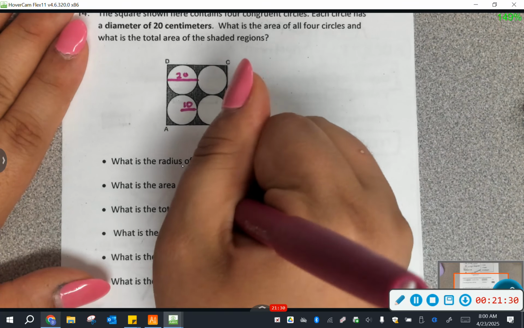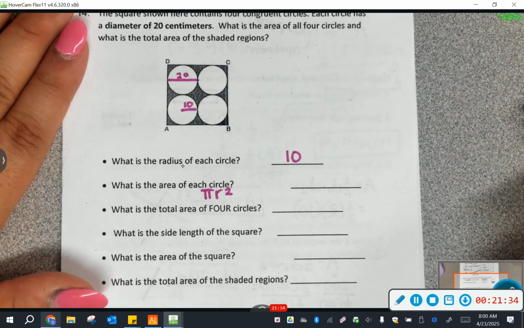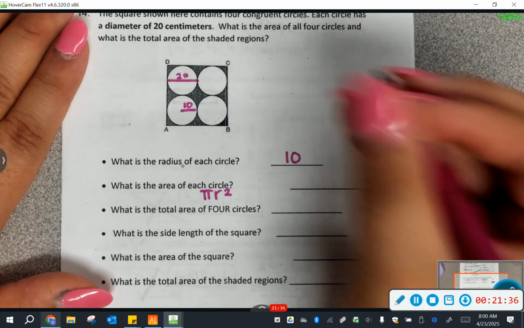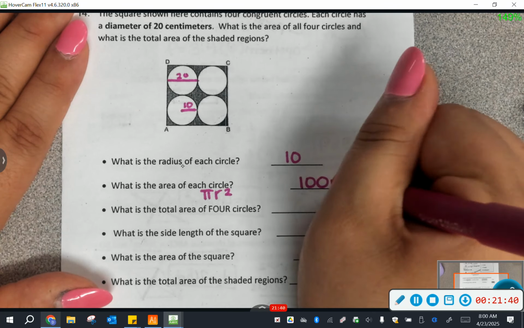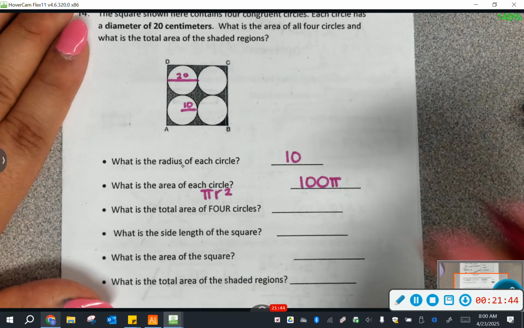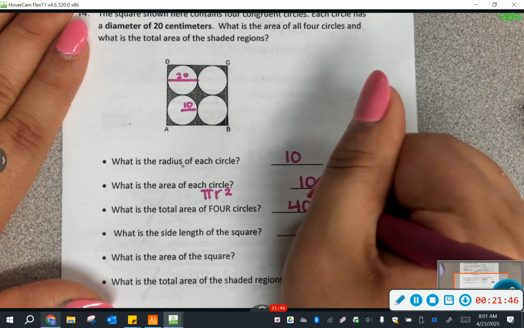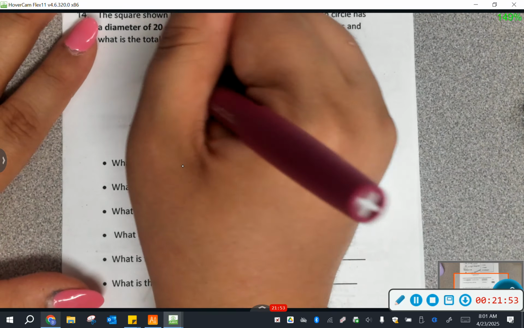Well, the area of a circle is pi r squared. So what's 10 squared? 100 is not my answer though. 100 pi. And if that's one circle, what's the area for 4 circles? 400 pi.